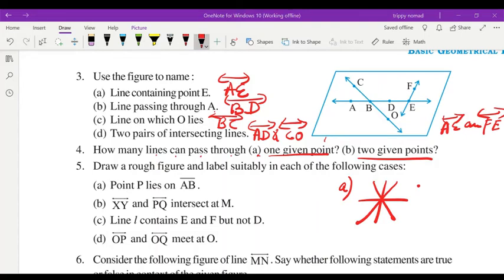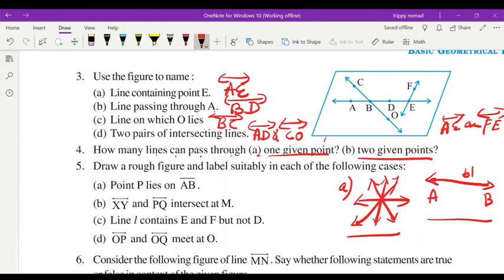Here point A and B, and from points A and B I can draw only one line. So how many lines can be drawn? Only one line. I hope you understood. Answer of part A, infinitely many, and here only one.